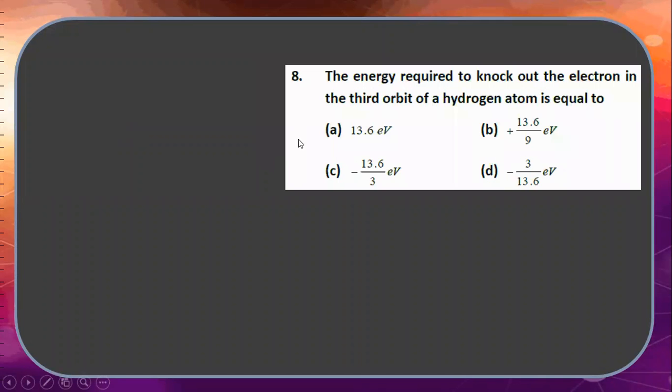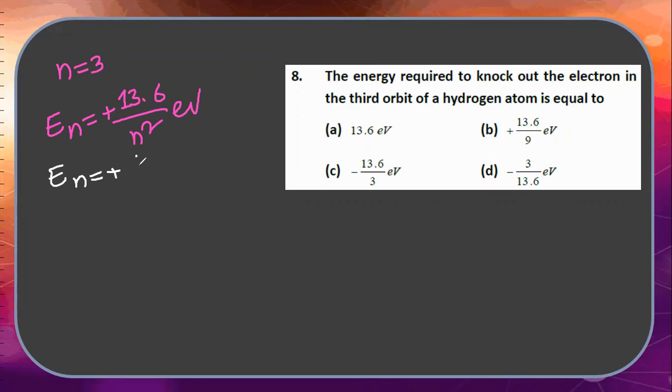Next one. The energy required to knock out the electron in the third orbit of hydrogen atom is. The third orbit means n is equal to 3. So energy En, knockout means remove it, ionize. So 13.6 divided by n square electron volts. En is equal to plus 13.6 divided by 3 whole square electron volts.